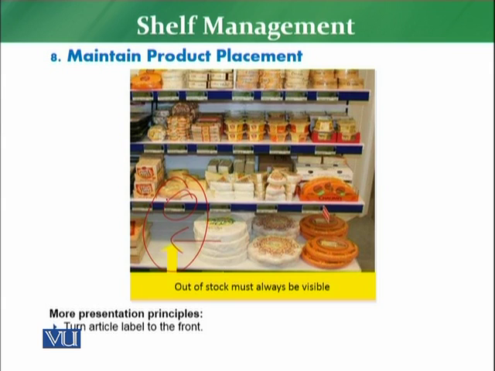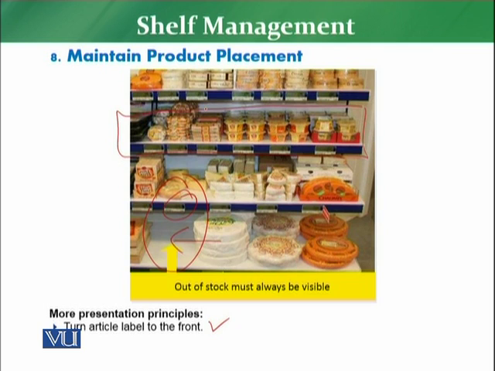So the basic rule is that you need to maintain product placements properly. And second is about turning article labels to the front. You need to make sure the products have proper facings. Not the backside of the product, the face of the product should be in front. So the eighth principle was about maintaining the product placement.